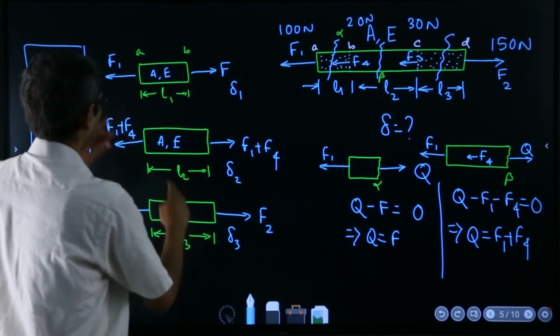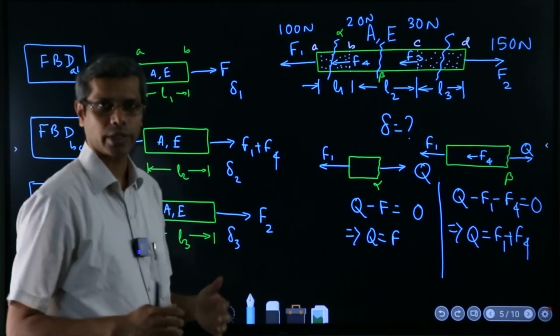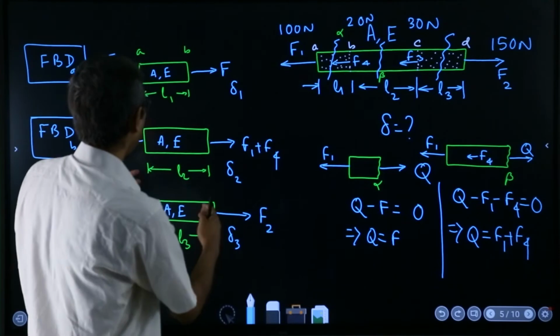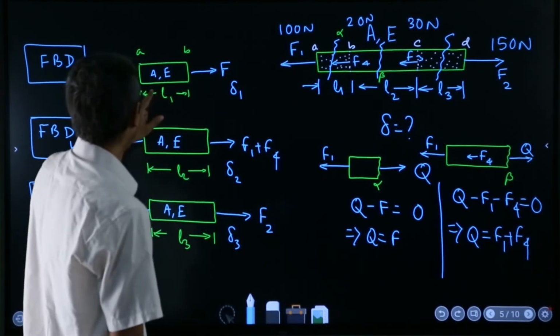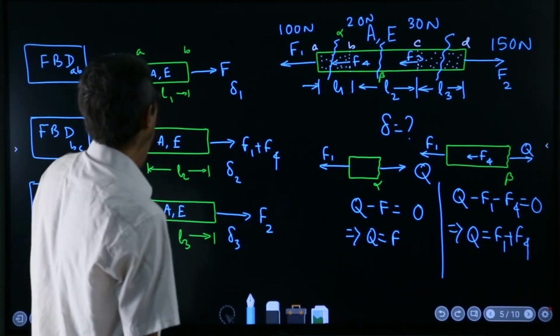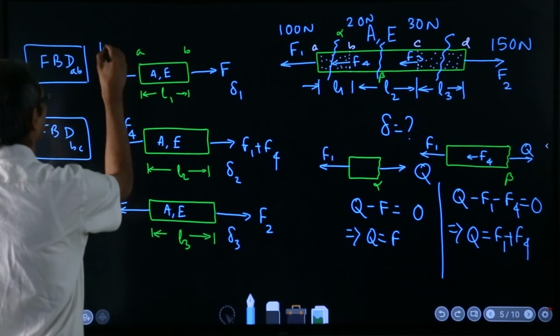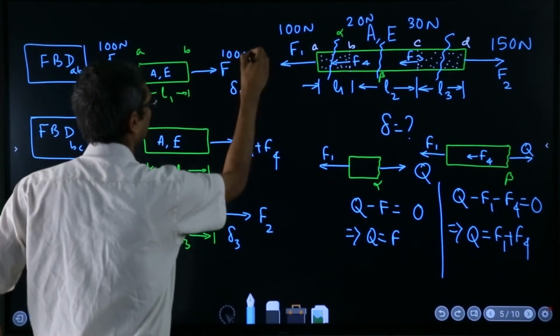Now in terms of values, not in symbolic terms, which is a bit confusing, let's see in terms of numbers. This one is under a 100 Newton force and 100 Newton force.